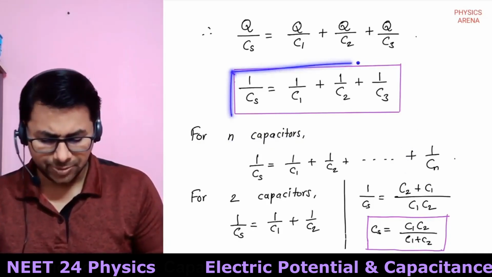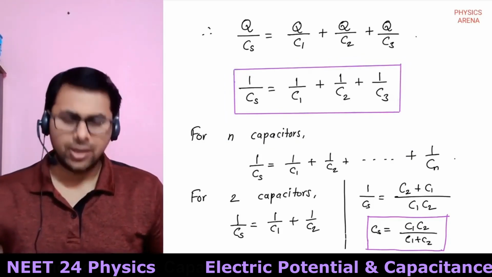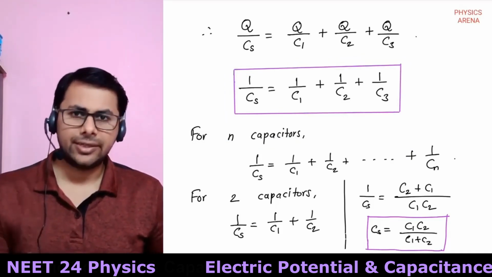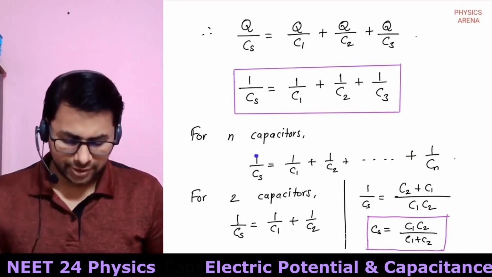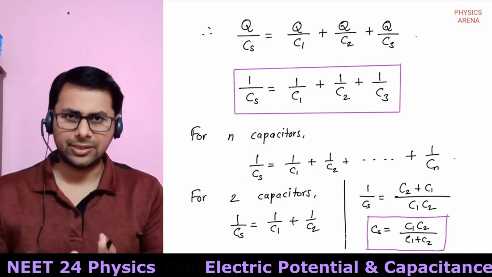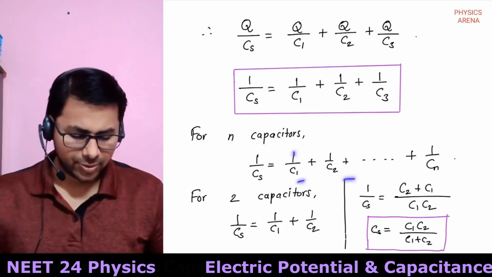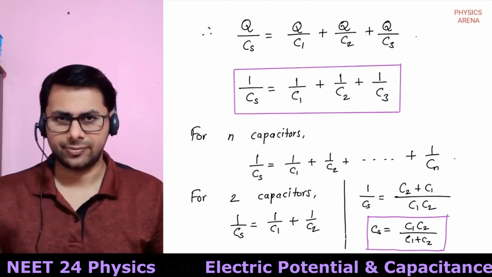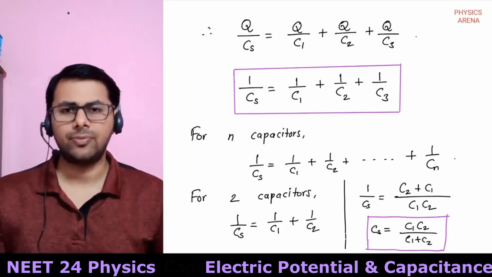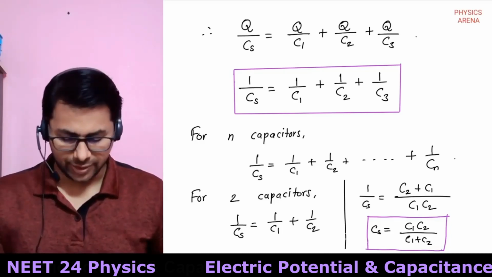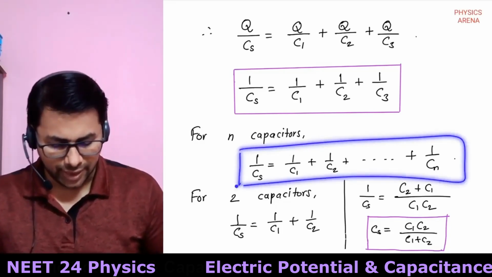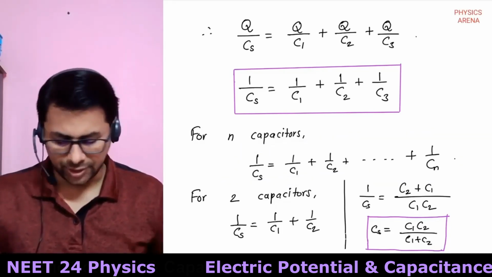So in case of series combination, the reciprocal of the total capacitance is equal to the sum of reciprocals of the capacitances of all capacitors.